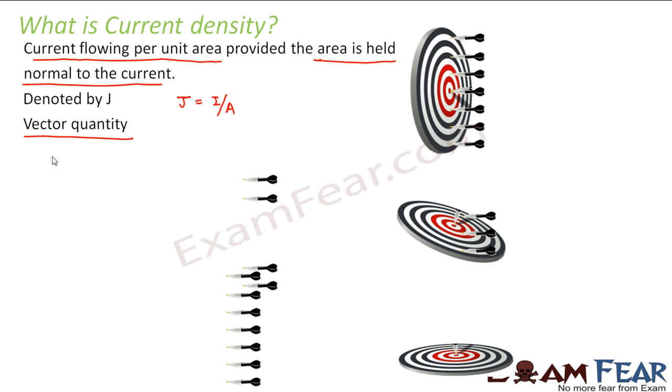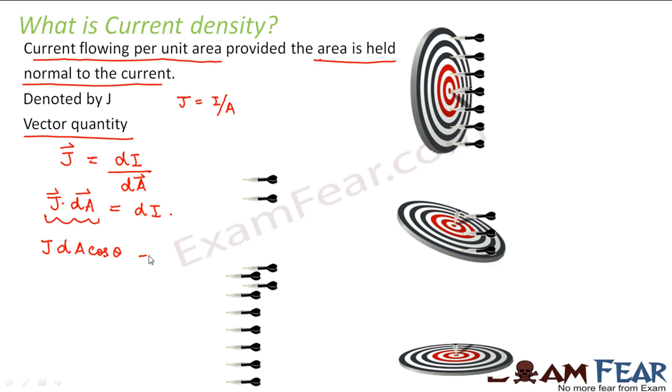Here, let me make it mathematical so that it becomes easy for you. As I told, this current density can be written as the change of current with unit area. So this can be written like this, where area means area vector: J · dA = dI. Now what is this? This is nothing but J dA cos theta, which is equal to the amount of current flowing through this area dA.